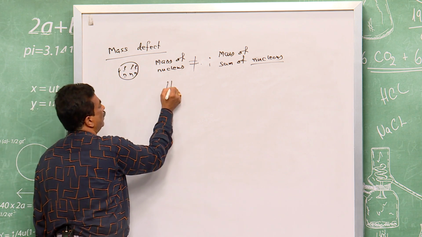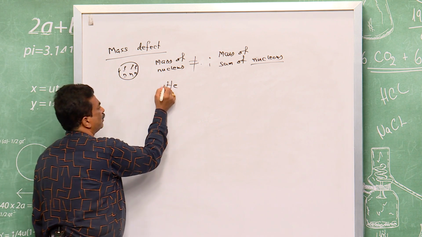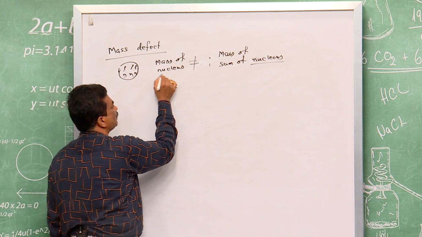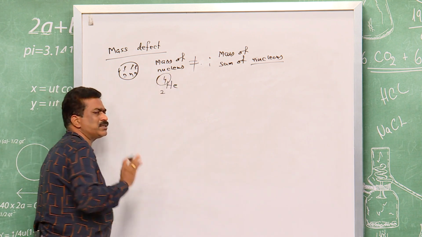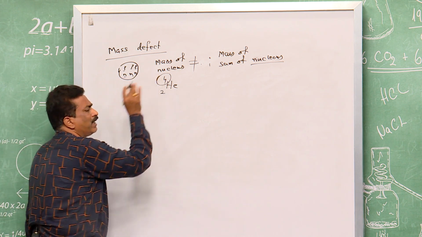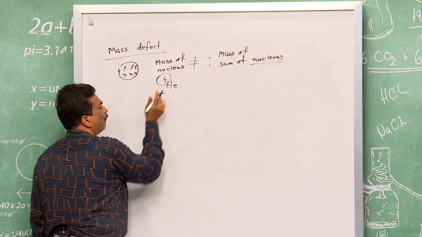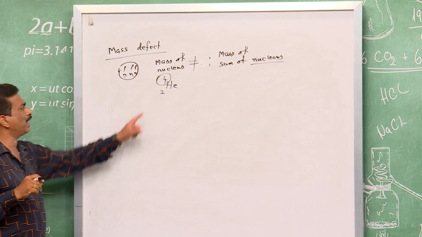Suppose we have He, helium, that is 2, 4. 2, 4 means by taking the 4, it has its mass. Overall the nucleus has its mass, which we are generally taking as 4. Generally, because this is not exactly 4, but in my first class I said that the masses of the proton and the neutron we approximately take as 1.